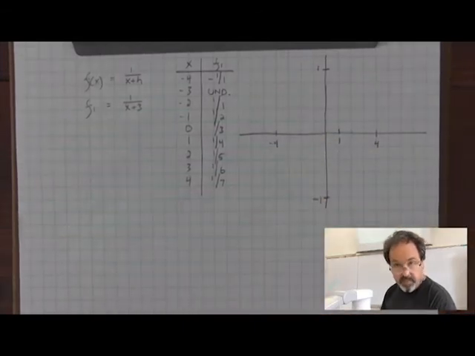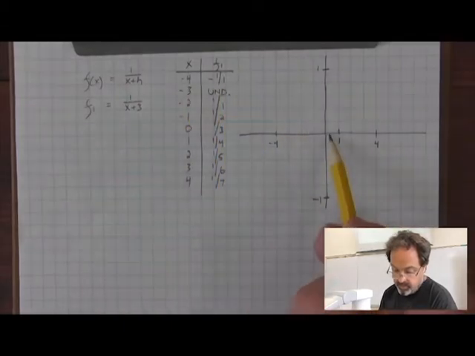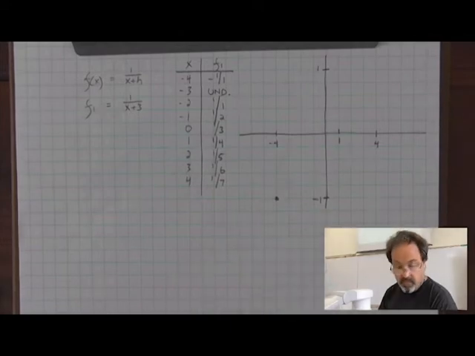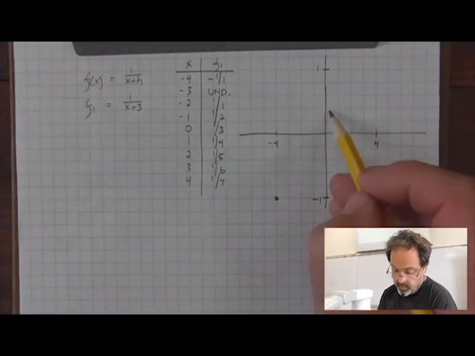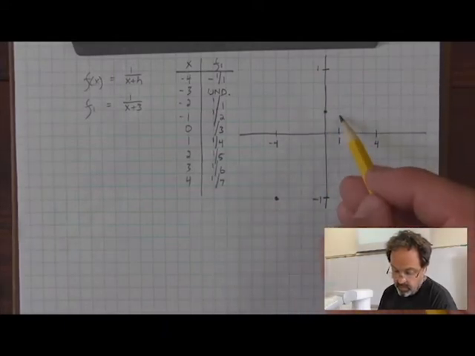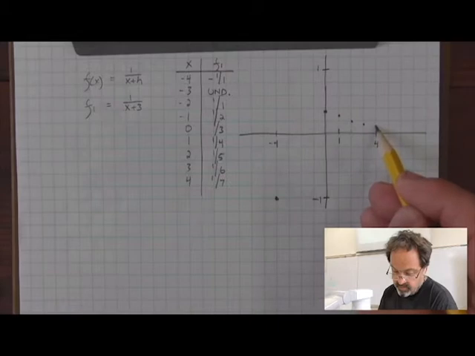Let's plot some points. At -4, I have a value -1. -4, -1 is down there. I'm going to plot 0 now. 0, I got a 1/3. 1/3 is approximately there. And at 1, I get a 1/4, then a 1/5, then a 1/6, and then a 1/7.